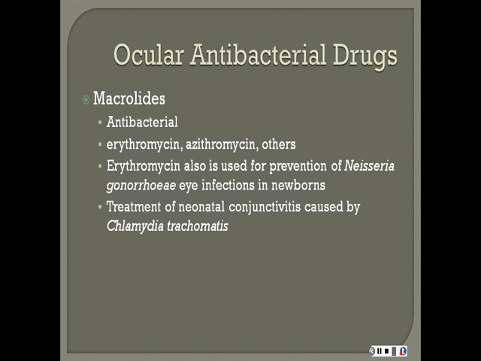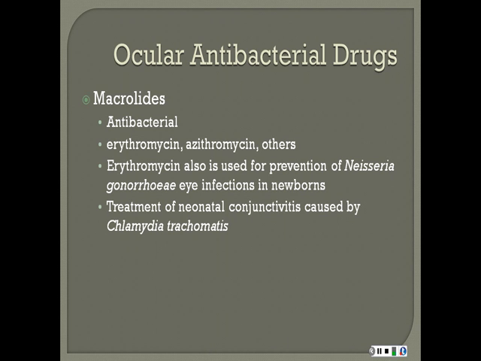So the macrolides are antibacterials. They're erythromycin, azithromycin, and some others. Erythromycin is also used in the prevention of Neisseria gonorrhoeae eye infections in newborns, and also to treat neonatal conjunctivitis caused by chlamydia.